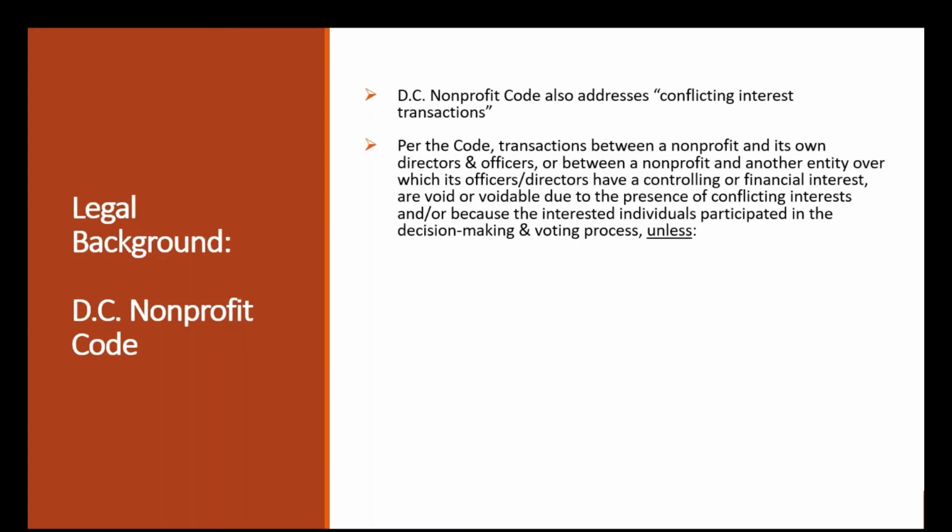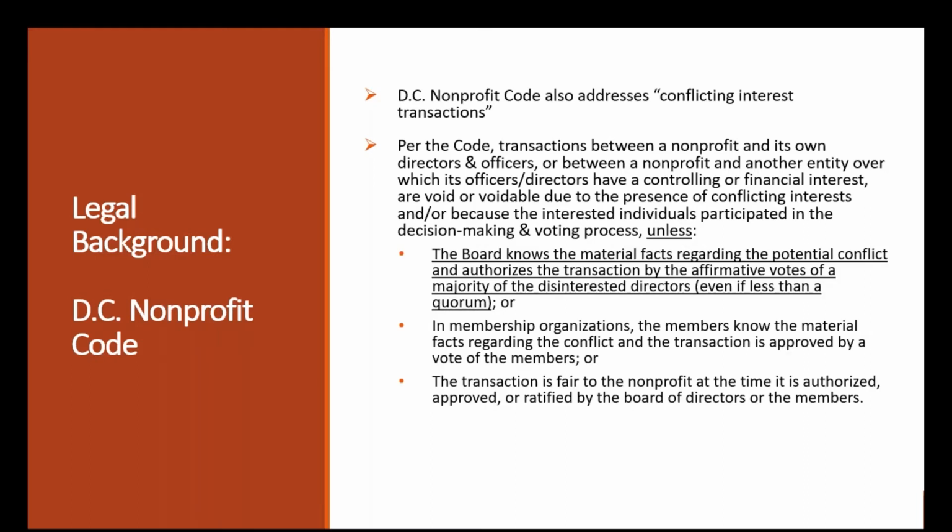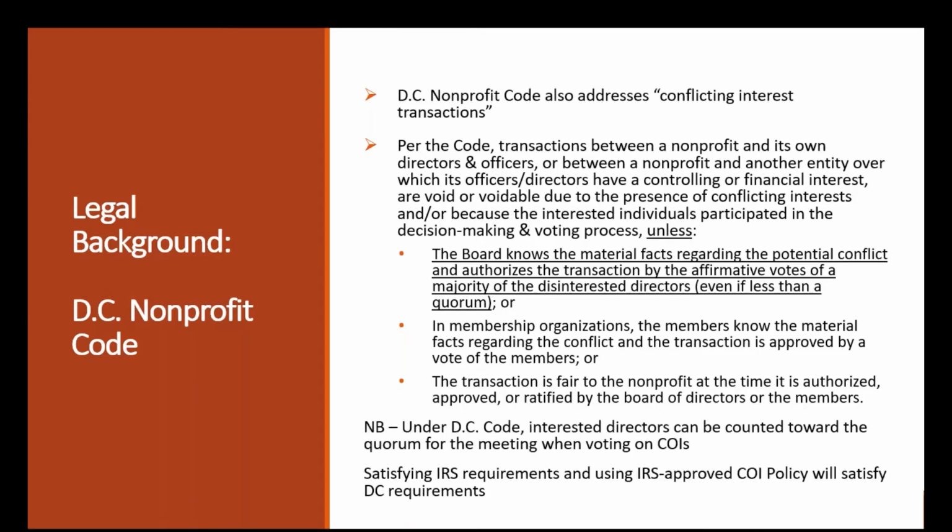And finally, and I won't go into too much detail about this, but at the state or local level, the DC Nonprofit Code also addresses what it calls conflicting interest transactions. Essentially, per the code, a transaction between a nonprofit and its own officers and directors can be deemed void or voidable unless the interested director discloses the potential conflict and the disinterested directors make an affirmative vote to approve that transaction, which is essentially the same requirements under the IRS and per the IRS template conflict of interest policy.